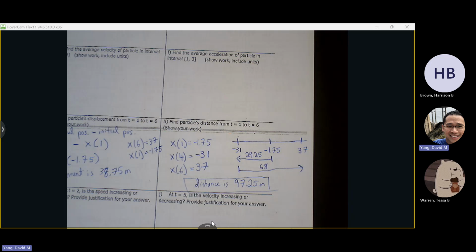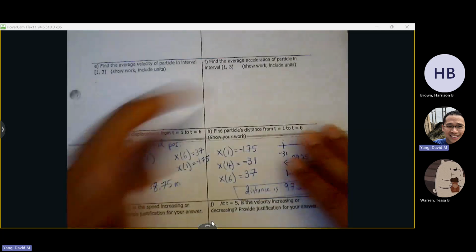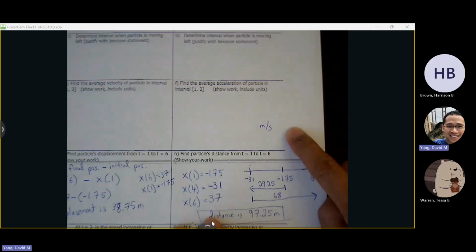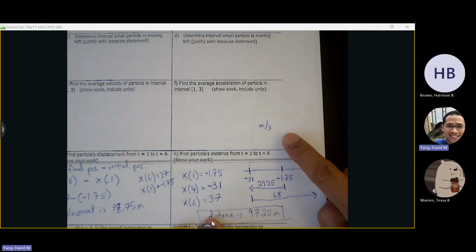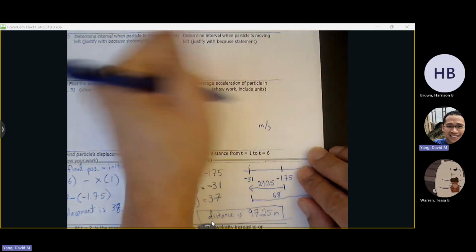For acceleration, is the unit, for example, meters per second squared? Why is it seconds squared? Because velocity is meters per second, but acceleration is the rate of change of velocity.